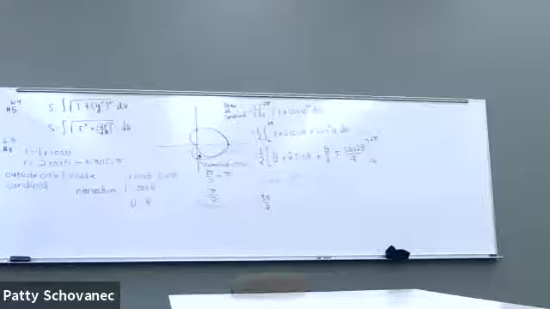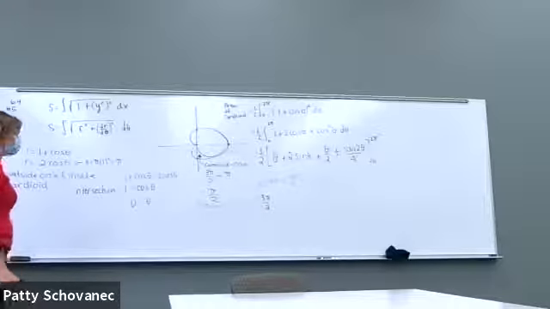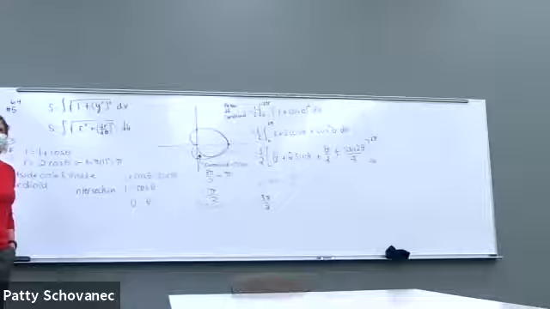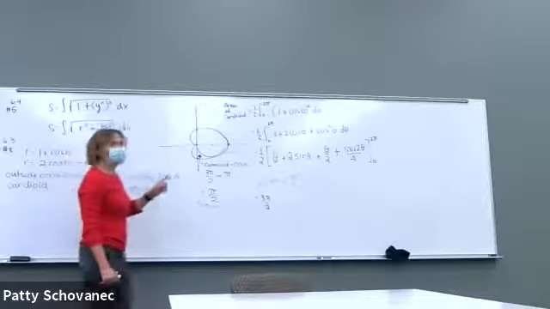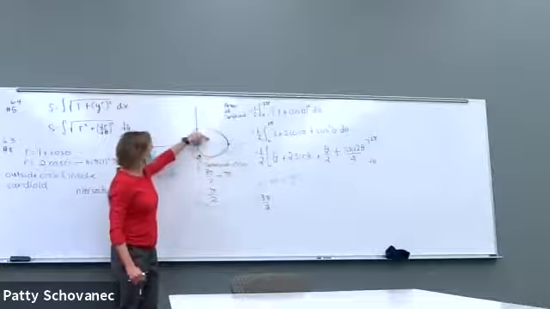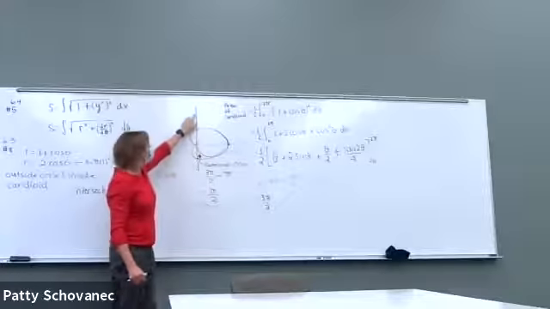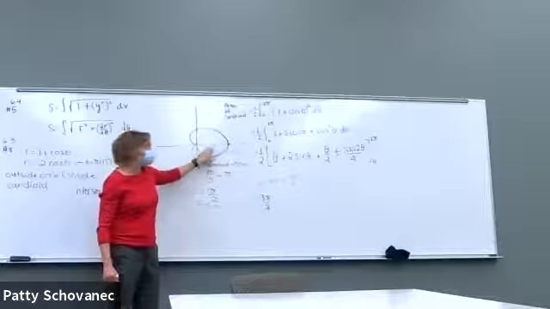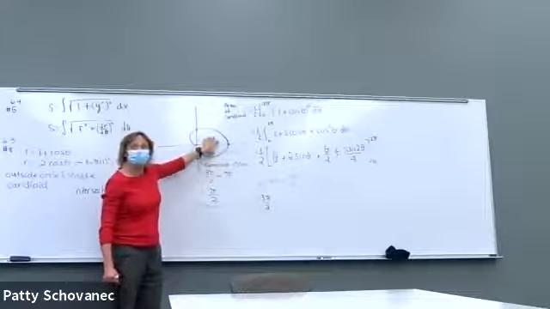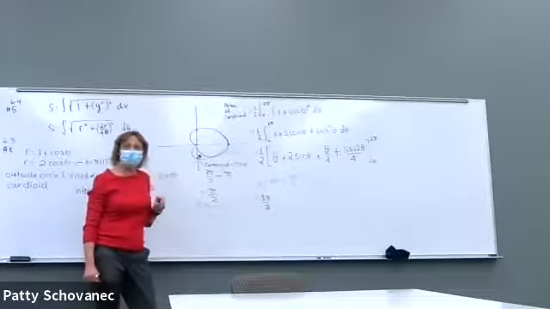Because on 0 to pi, you're getting the circle done twice. This whole circle is traced out already just once on 0 to pi. From 0 to pi over 2, we get the top half of the circle. From pi over 2 to pi, we get the bottom half of the circle. So you've actually gotten this done too many times when you integrated from 0 to pi and then doubled it.